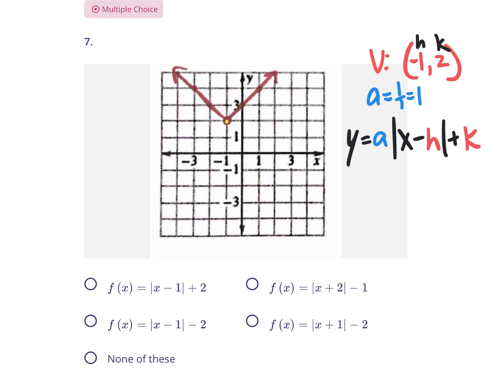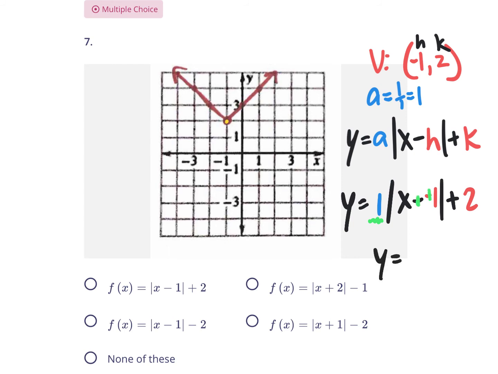So let's just plug in our values. We have the a value of 1, which we know is not going to be in our final answer. It's not necessary. We have the h value of -1, and we have the k value of 2. And of course, what could we do to clean it up? Again, we said we don't need the 1. It could be invisible; it's assumed that it's there. And the minus minus could be changed to plus plus.